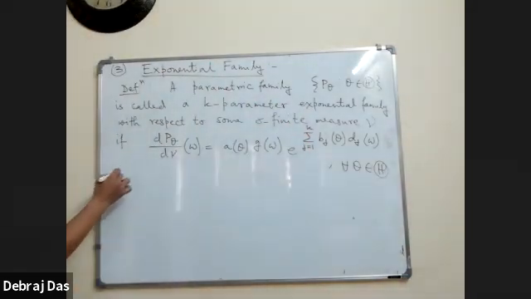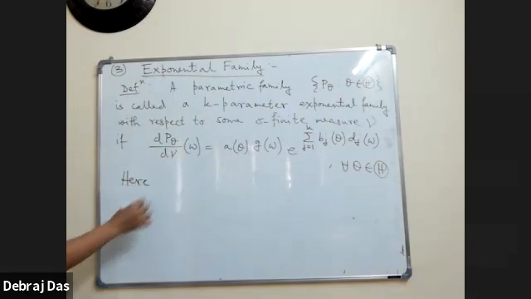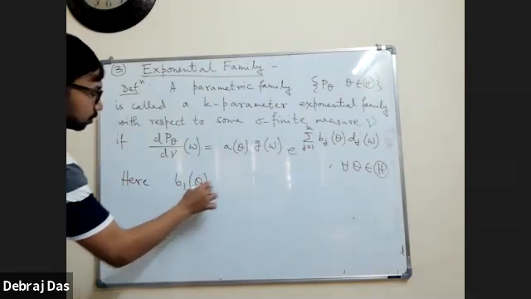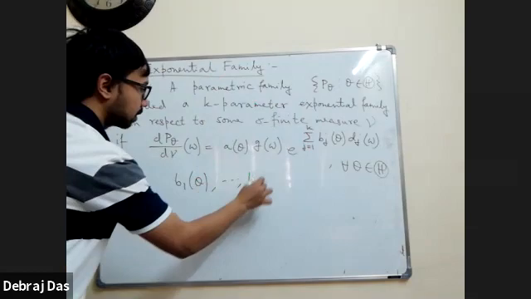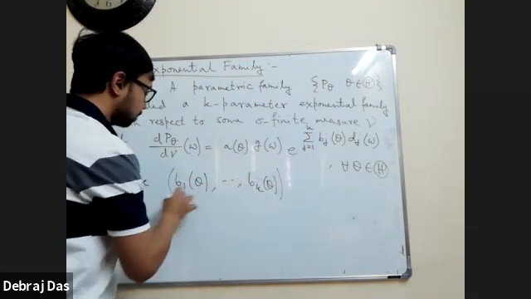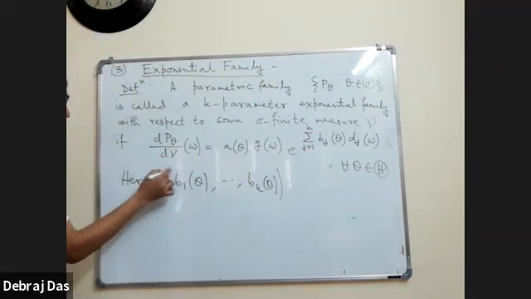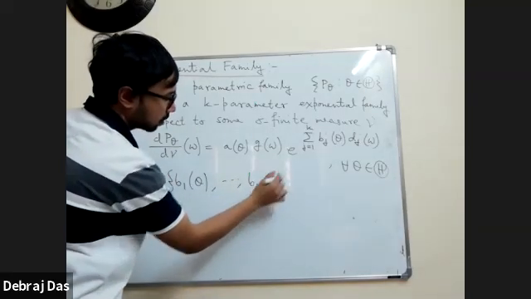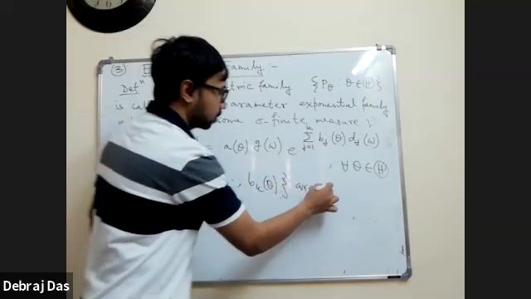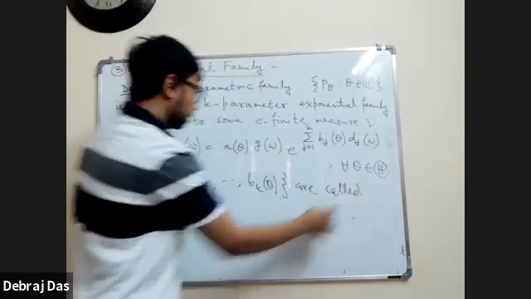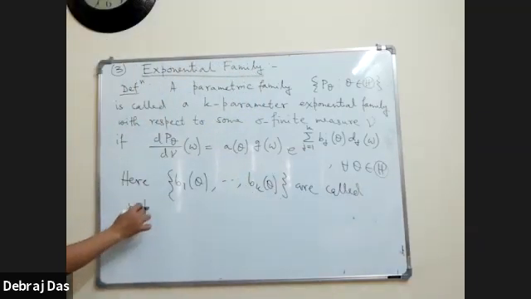So here, this b1 theta to bk theta are called natural parameters.